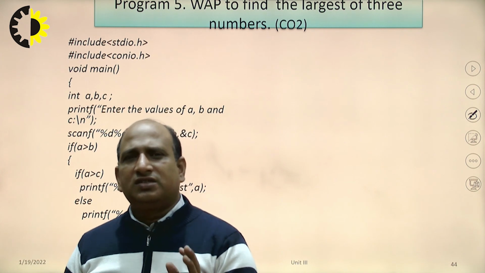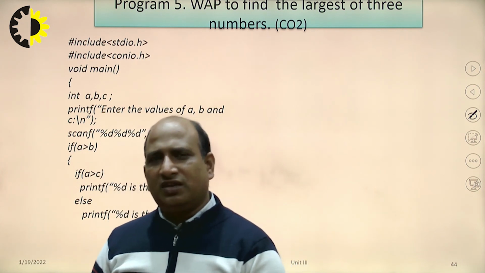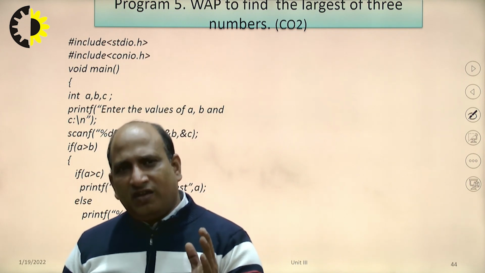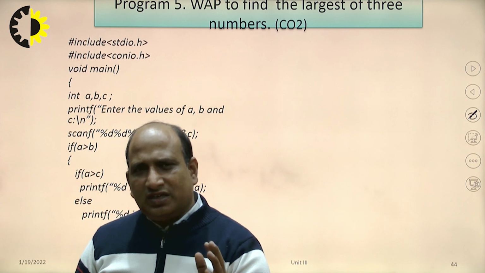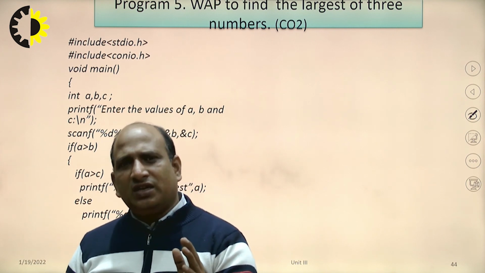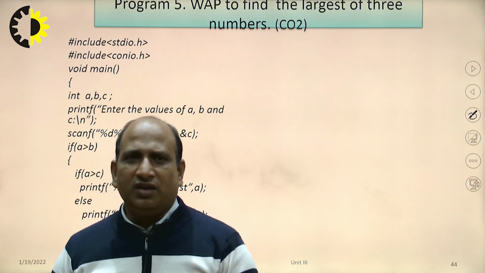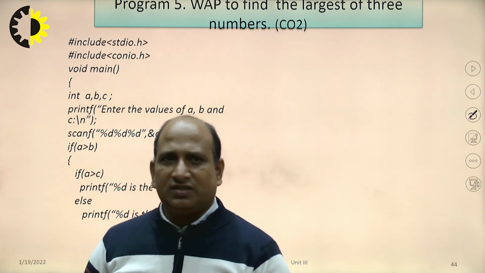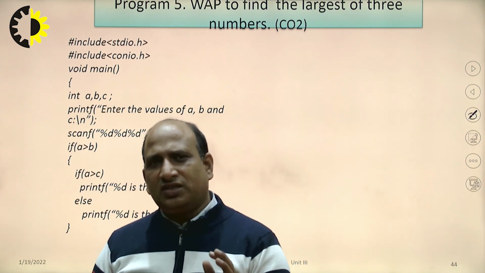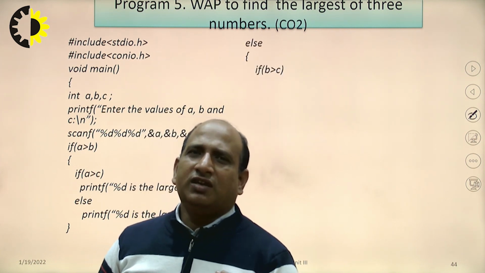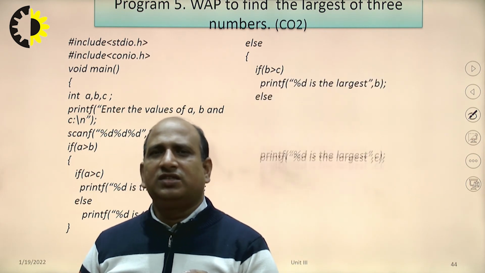In that case, I print A is greatest, otherwise C is greatest. If the first condition A greater than B becomes false, meaning B is greater, then I check if B is greater than C also; if so, B is greatest, otherwise C is greatest.